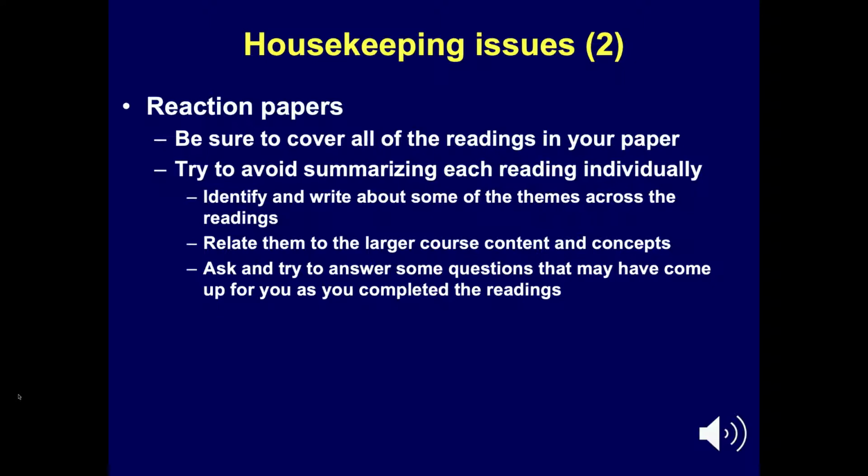This is where the articles fit in, and many of you did a great job with this in your reaction papers: talking about some of the design issues and some of the inherent challenges in trying to get representative estimates of behaviors and risk factors that are often self-reported.